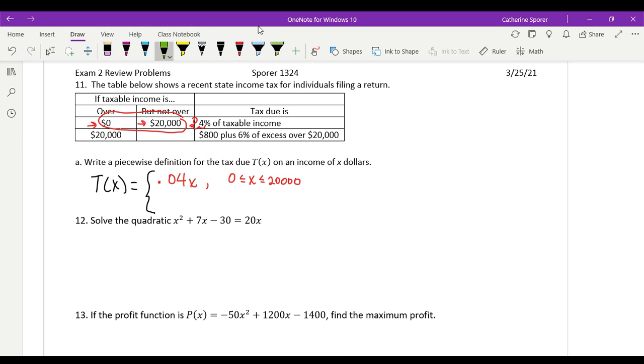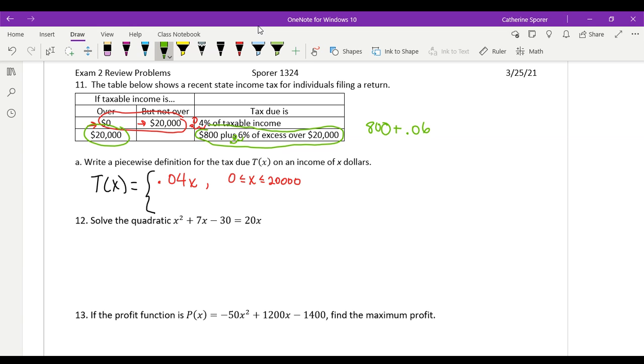But for taxable income above 20,000, the tax that's due is just slightly more complicated. It's 800 plus 6% of the excess that's over 20,000. So the way we write that is we write 800 plus, now 6% is 0.06. Sorry, my 800 looks like 806. Should just be 800.